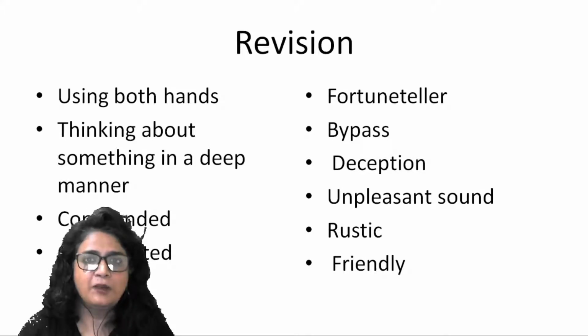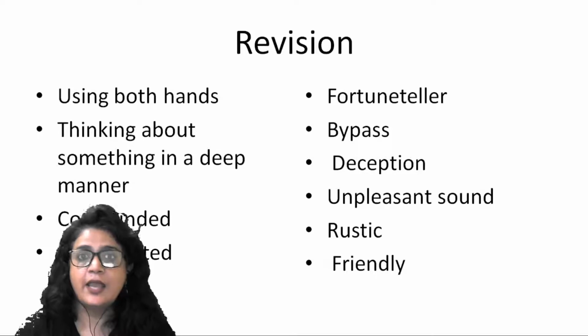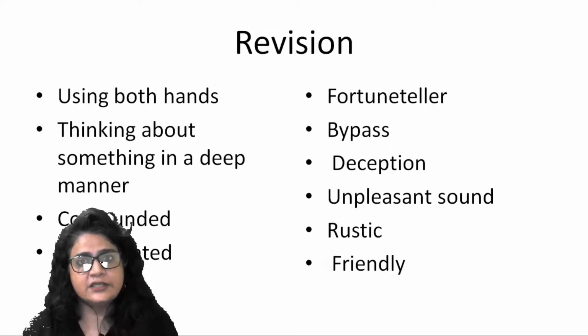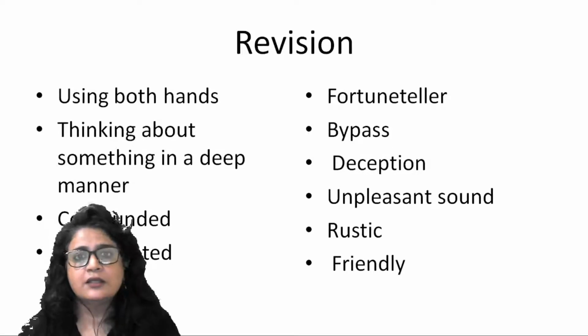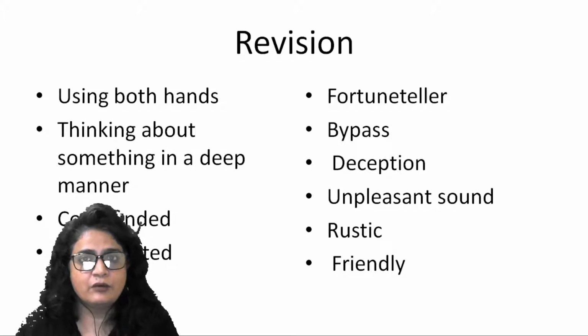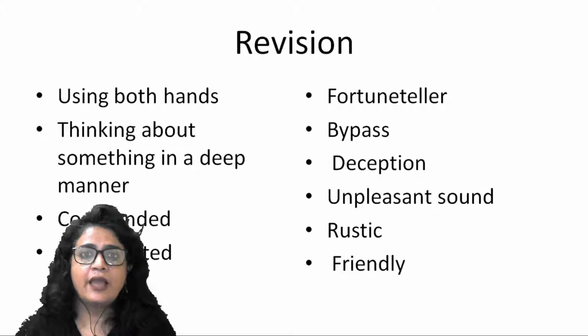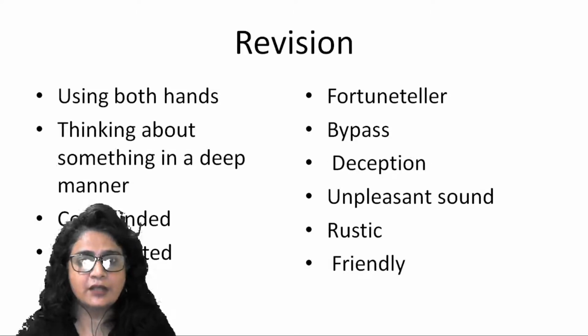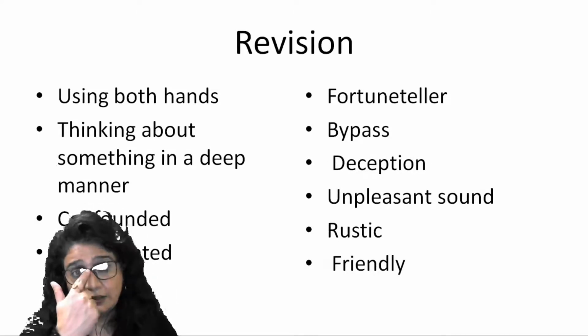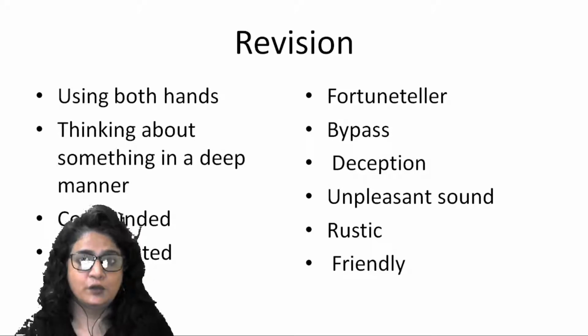Confounded is perplexed, is confused, is surprised, astonished. ठीक है, जब आप कोई ऐसी चीज देखें, पढ़ें, सुनें, जिससे आप एकदम से confuse हो जाएं, आप उसको समझ ना पाएं. So that is confounded. It also means हैरान कर देना, startle कर देना किसी को. Complicated, we just did the word convoluted.